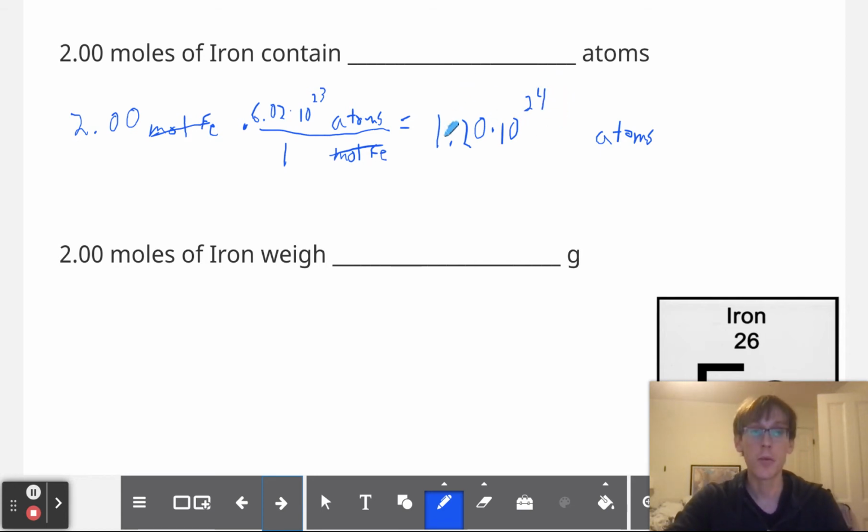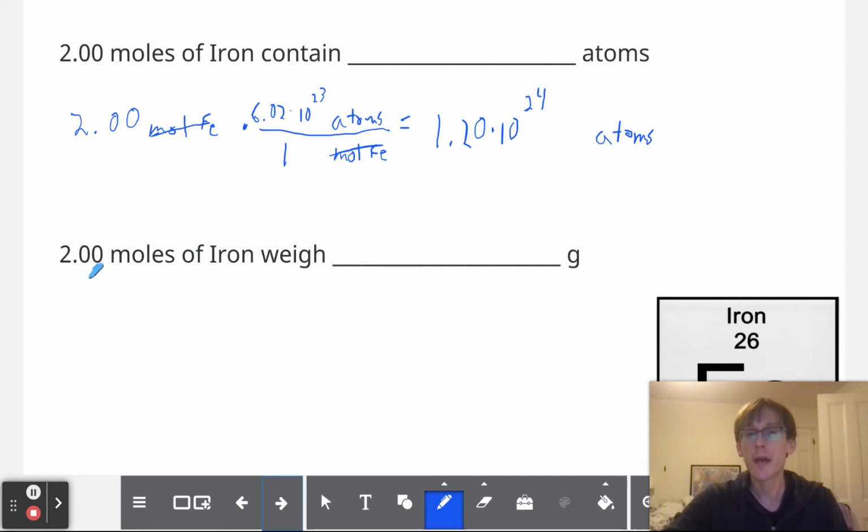And we need to have 3 sig figs here because our initial measurement was with 3 sig figs, 2.00. And also Avogadro's number is also to 3 sig figs, so that's not hindering us. Our final answer has to be to 3 sig figs.